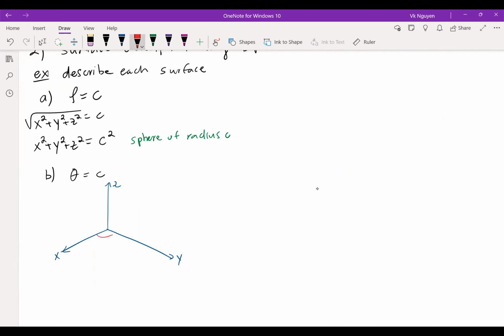Okay, so theta equals C. Yeah, just a plane right here. It's not going to be the full plane though. This is just a half plane.